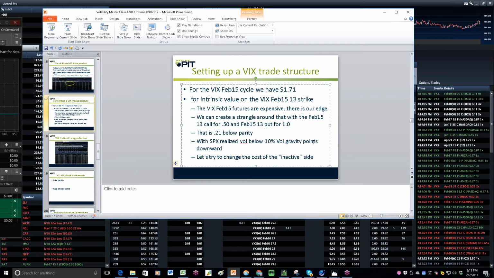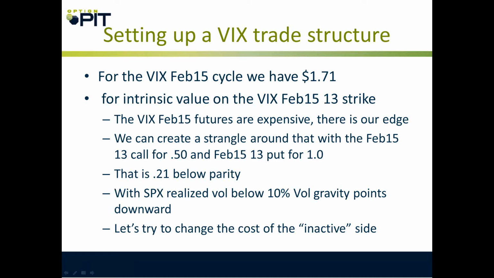With SPX vol still below 10%, your gravity points continue still downward. I'm not saying the market can't move tomorrow. Whatever could happen. All I know is if things continue to happen, what pulls these products down?